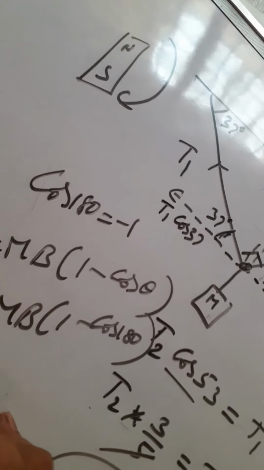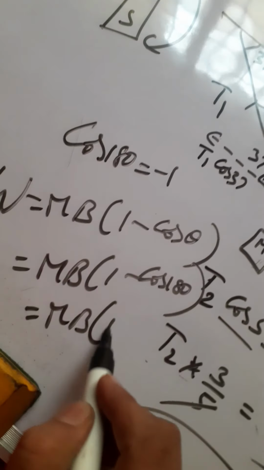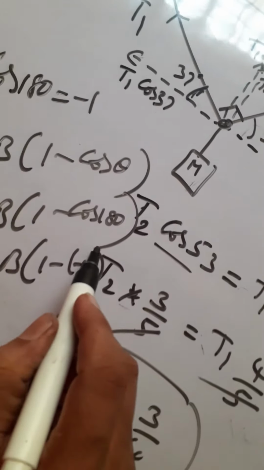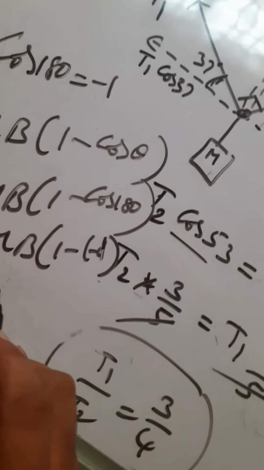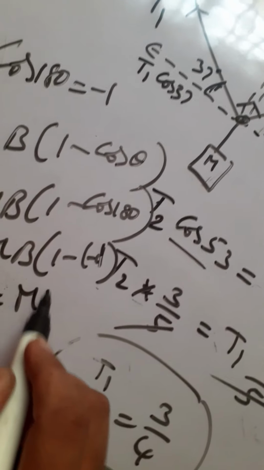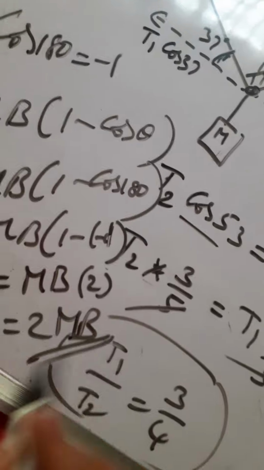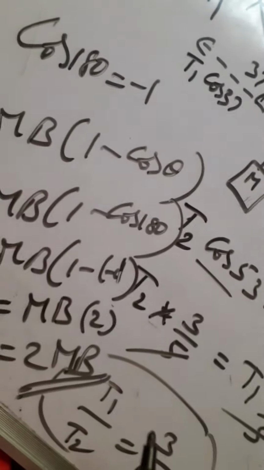Cos 180 is minus 1. MB into 1 minus of minus 1, plus, so MB into 2. So that is 2MB. This is the work done. So without knowing these angles, it is difficult to do the calculations. Okay, right.